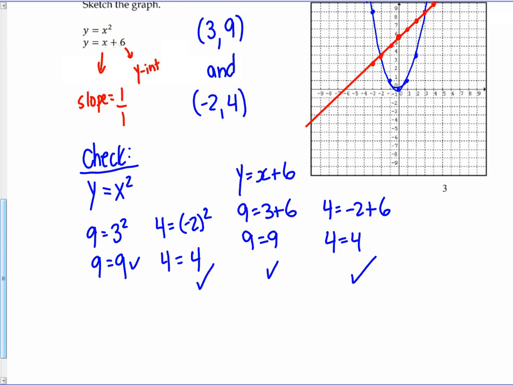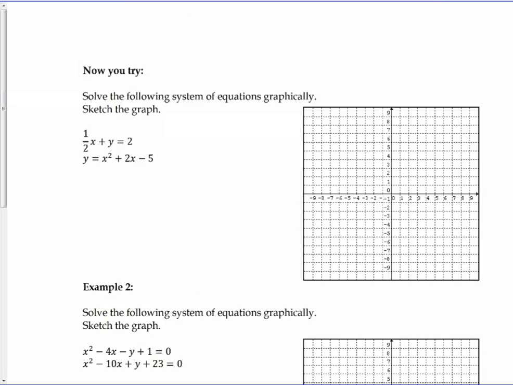Okay, we're almost done this lesson. Let's skip the first example and go straight to example number 2. Is that okay? You already did it? Oh, I know, it's now you try. So can we skip it? Because I want to do 2 lessons today.